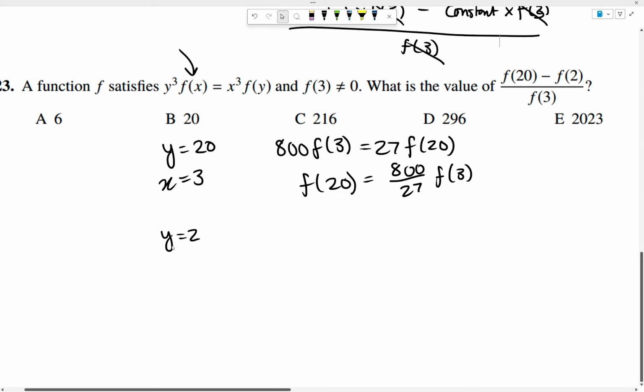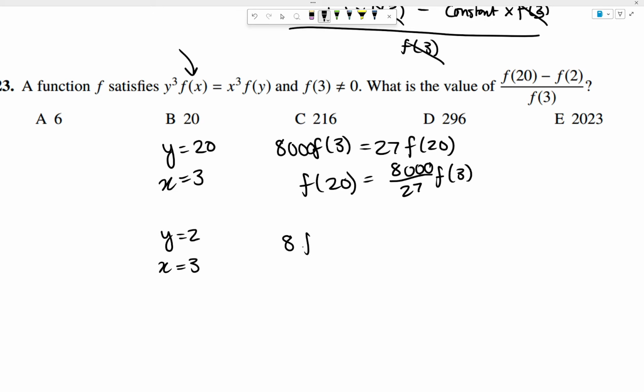Okay, cool. So to find f of 2 in terms of f of 3, we're going to have y equals 2 and x equals 3. And that gives, oh, this is 8,000.